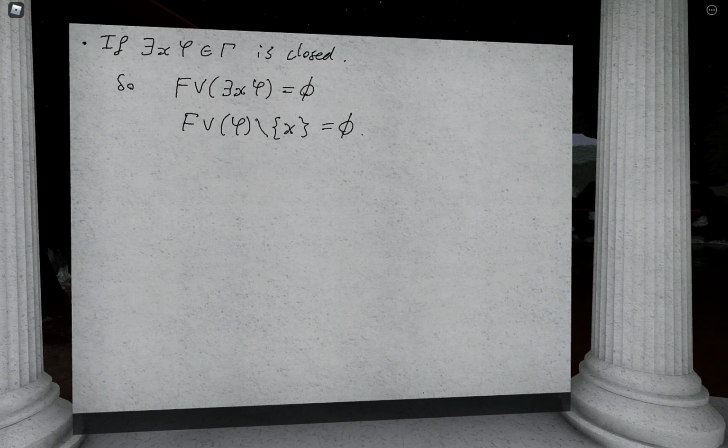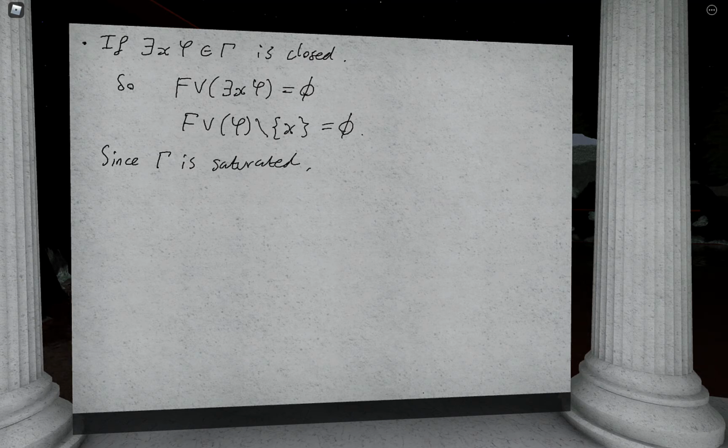Okay, now with that reflection, I'm going to use the fact that gamma is saturated. So since gamma is saturated, the exact nature of being saturated is that if I have an existential statement, then there is some witnessing constant for it.